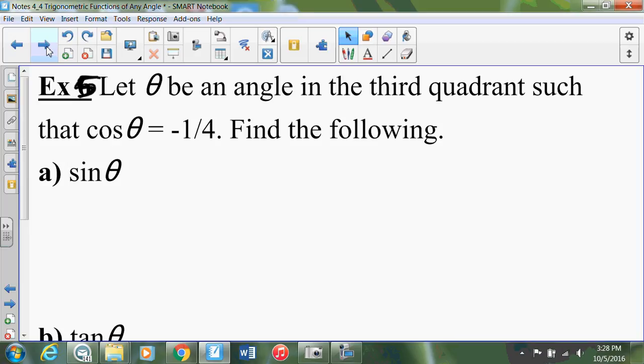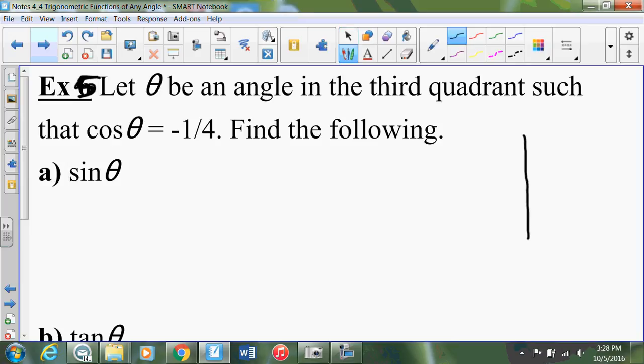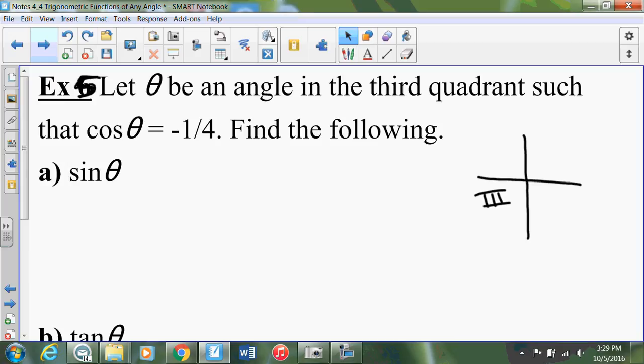Okay, example 5: let θ be an angle in the third quadrant such that cosine θ is equal to -1/4. Let's remind ourselves about who is what in the third quadrant. Cosine is positive... I'm sorry, cosine's not positive in the third quadrant.